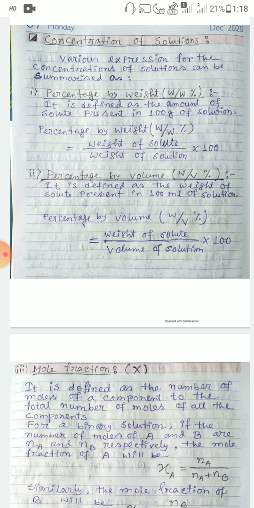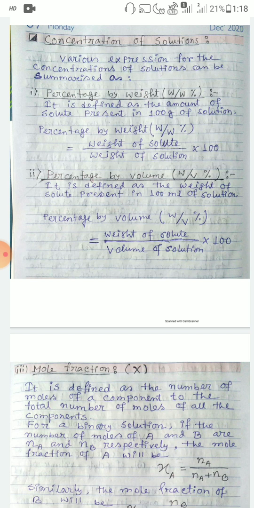So percentage by weight, W/W percentage, is equal to weight of solute divided by weight of solution, into 100. The formula is weight of solute divided by weight of solution into 100.